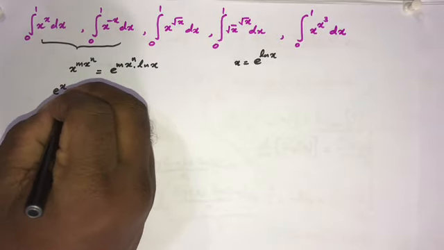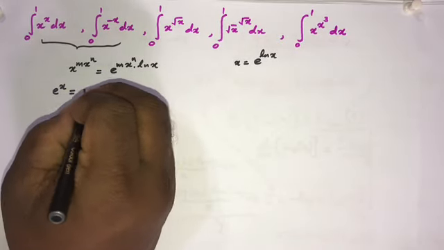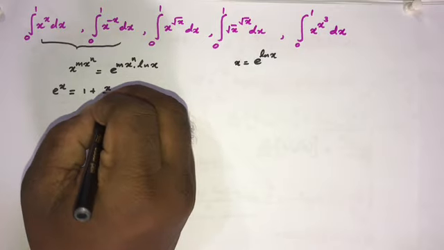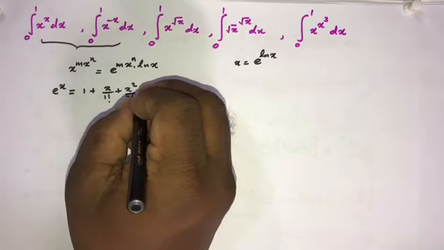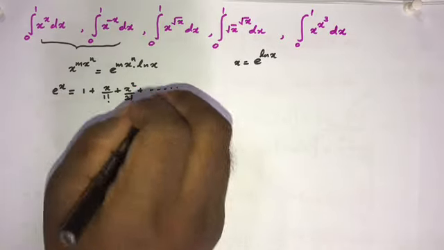Then we know e to the x can be written as 1 plus x over 1 factorial plus x squared over 2 factorial plus and so on.